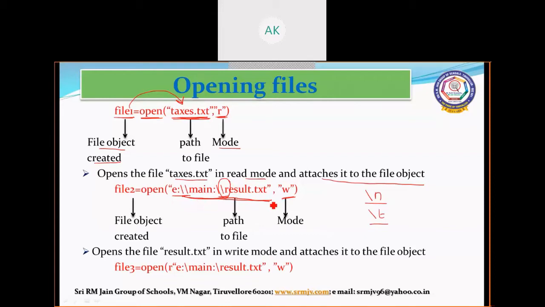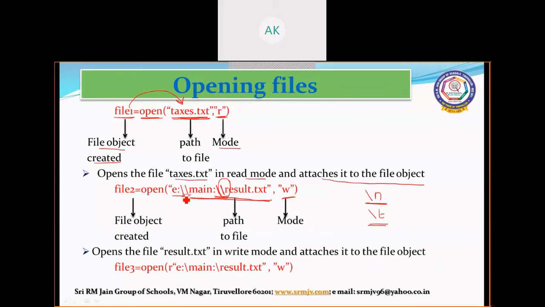It will raise an error. So you have to specify two backslashes so that it will search for the given path and not treat it as a non-graphic character. The second example opens the file result.txt in write mode and attaches it to the file object.